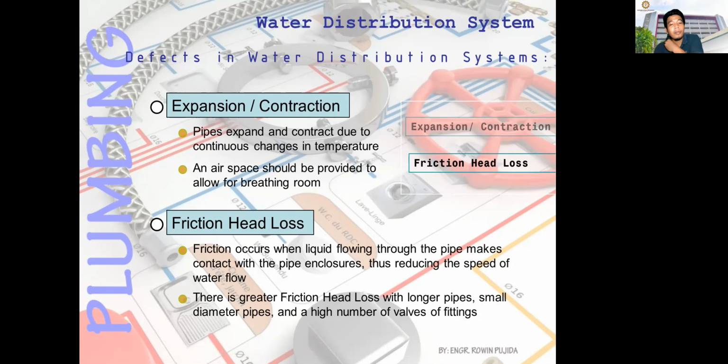To minimize it, you can have at least 20-meter pipes connected with couplings, and then you change the direction so that you can limit the length of the pipeline.